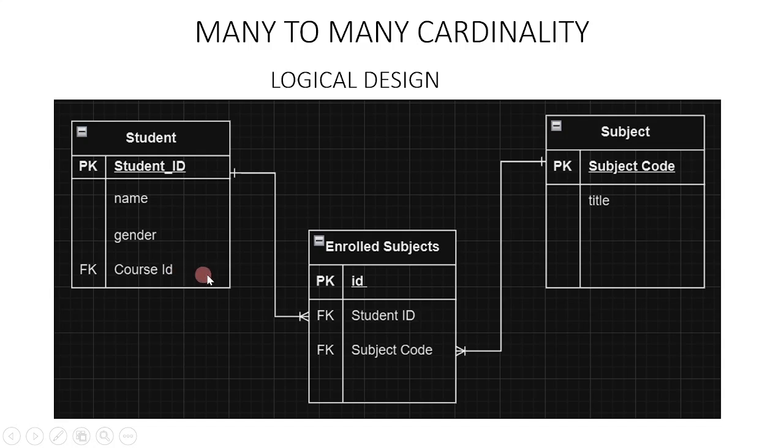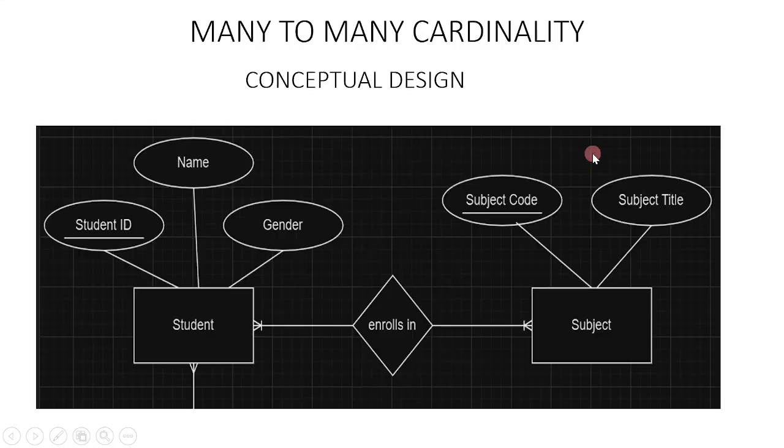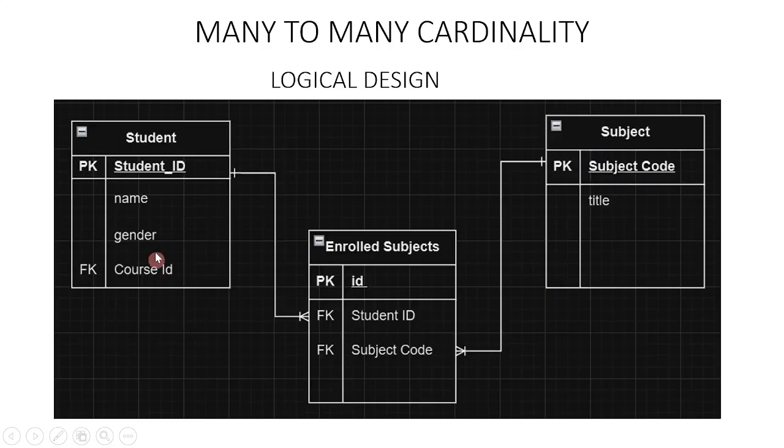But this is many, and this is many too. If I create a foreign key here, there would be redundant data, because we would be multiplying the number of records here by the number of related records in this table, and vice versa.